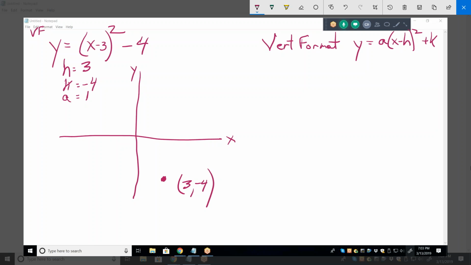So what is y going to be when I set x equal to 0? y would be 0 minus 3, which is -3 squared, which is 9, minus 4, which is 5. So up here at 5 is where I know that parabola, half of it, is going to go.